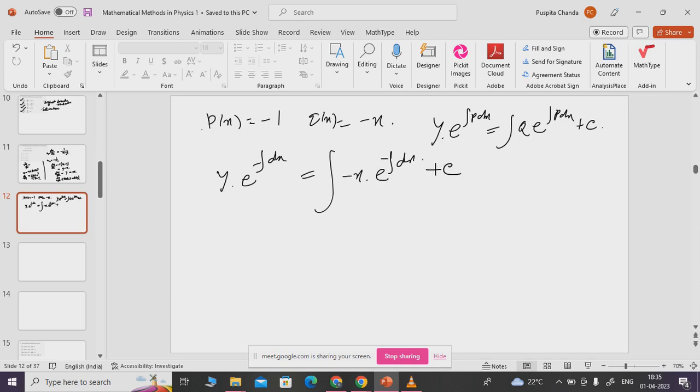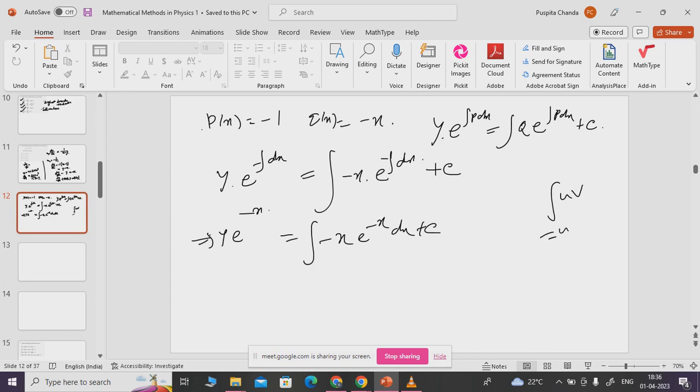So qx minus x e to the power minus x dx plus c, that will become y e to the power minus x. Here it will be minus x e to the power minus x dx plus c.